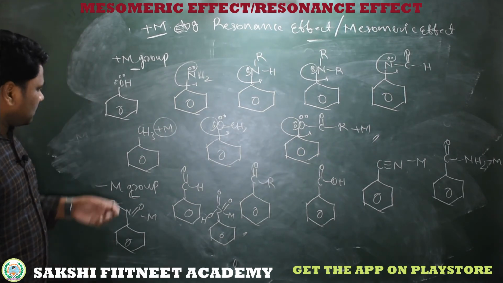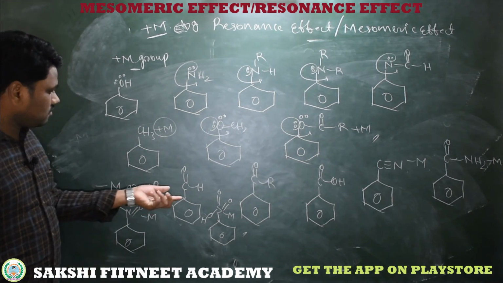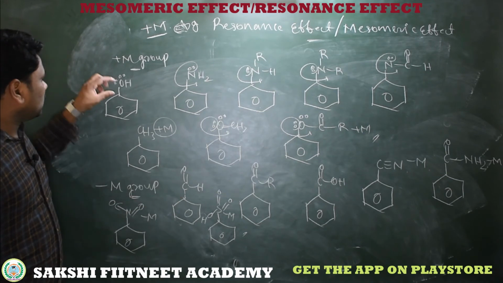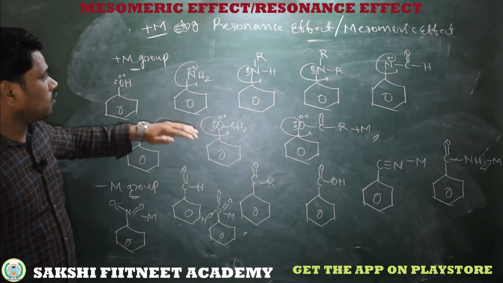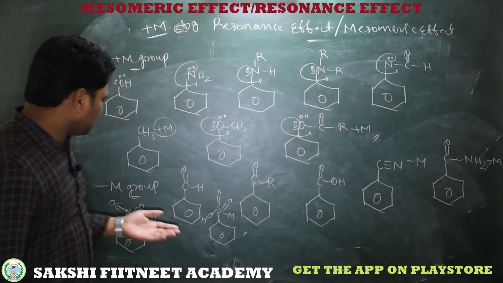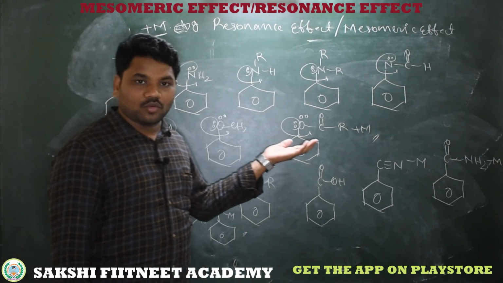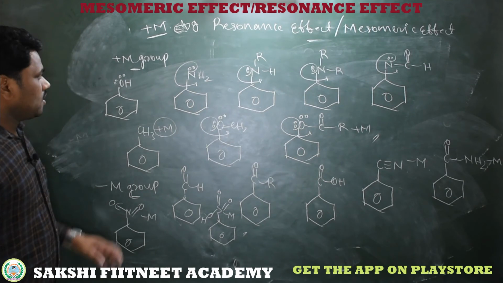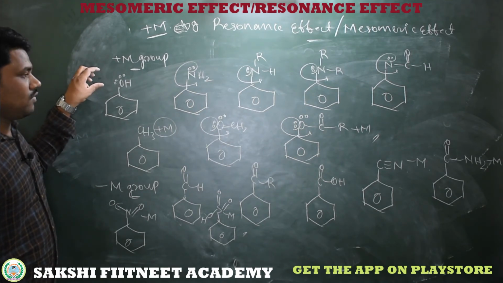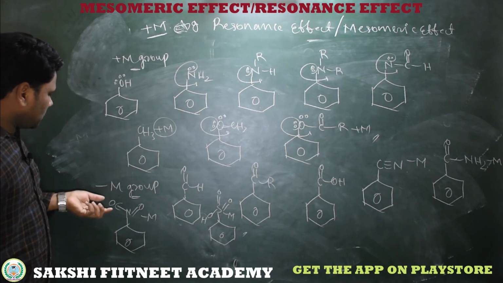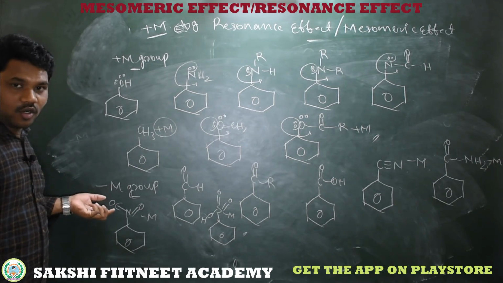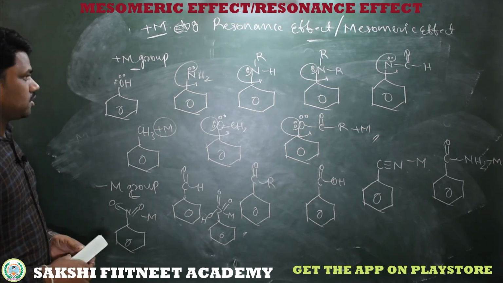So these are the groups which show the minus M effect. So these are the groups which show the plus M effect. Simply, these are donating groups, and these are electron withdrawing groups. Presence of these groups, we will discuss electrophilic substitution and nucleophilic substitution.